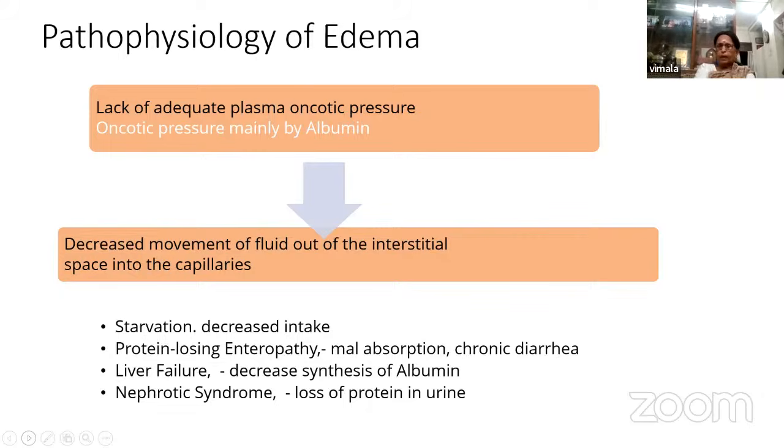Again, there is a reduction in the albumin, so reduction of oncotic pressure, which can produce fluid collection in the interstitium, giving rise to edema. So the two important causes for edema are increased hydrostatic pressure in the capillaries and decreased oncotic pressure in the capillaries due to low albumin.